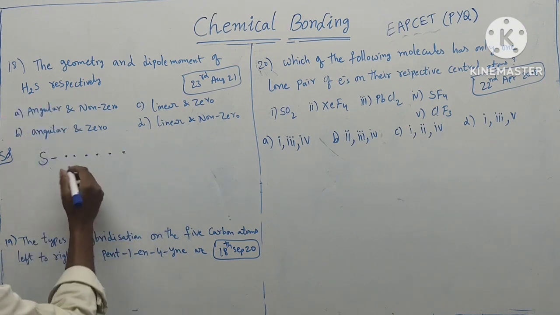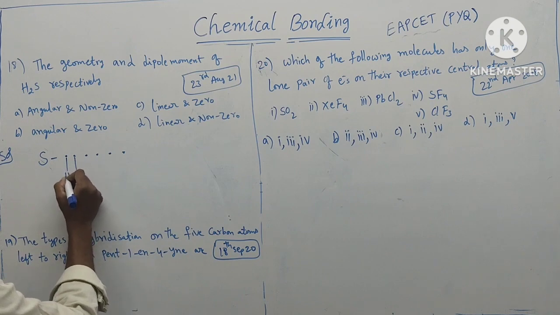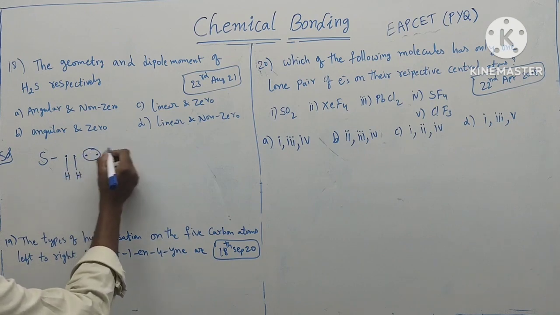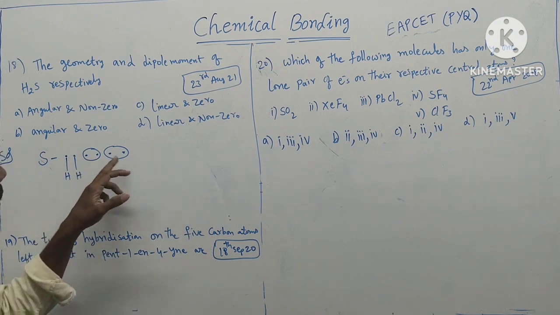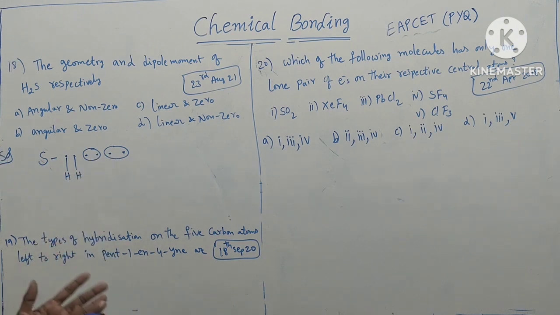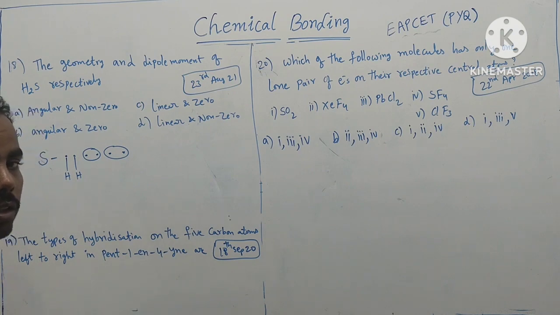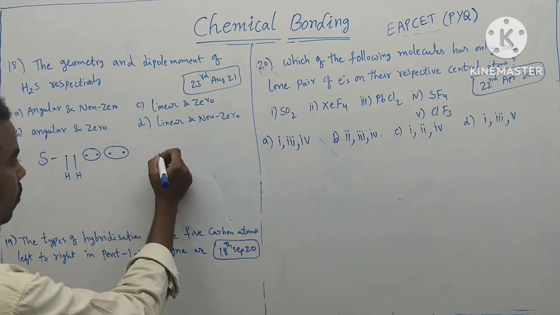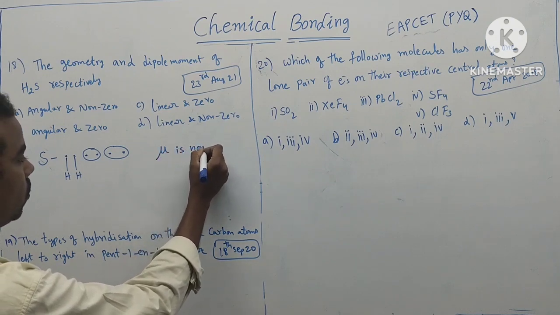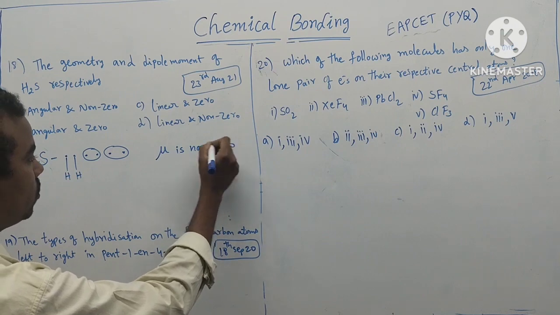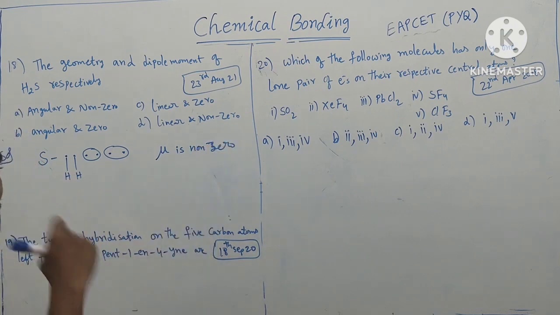So 2 hydrogens form 2 bonds. So remaining 2 lone pairs. If any molecule contains a lone pair of electrons, that molecule has a dipole moment. That means mu is non-zero. So it has 2 lone pairs. Mu value is non-zero, not equal to 0. So non-zero means not equal to 0.